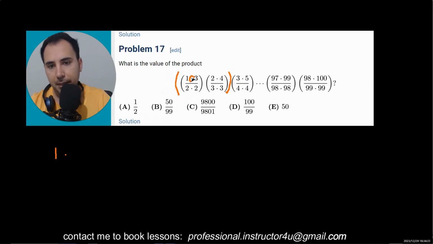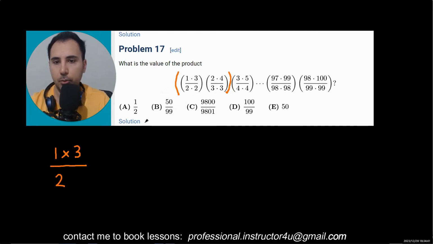First of all, what's the meaning of a point? Yeah, I'm pretty sure that you know it's a cross. So it's just we're multiplying them over 2 and times 2. Okay, and what's the meaning of these brackets? Brackets means again multiply. So we are multiplying this, the first one, with the second.